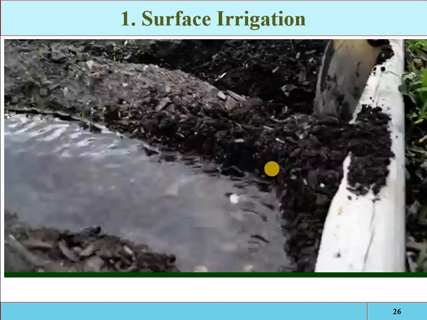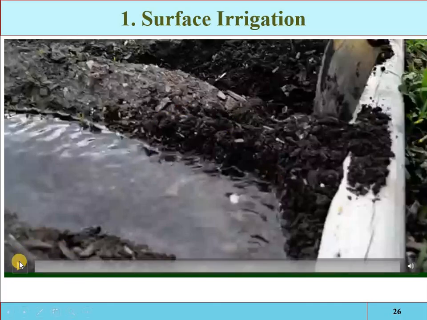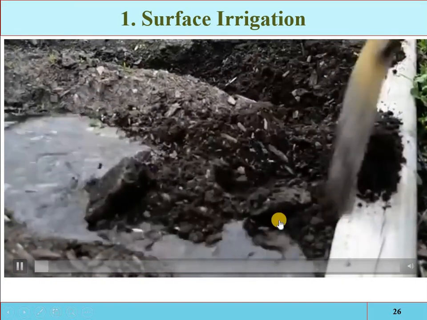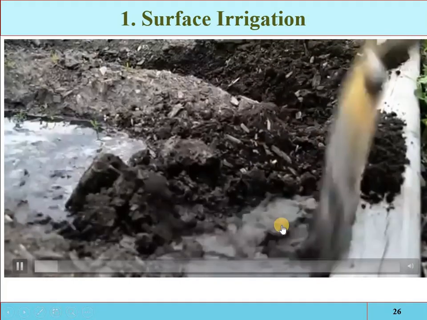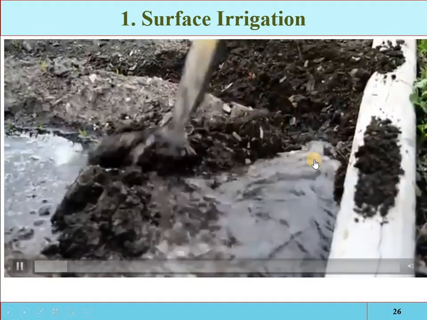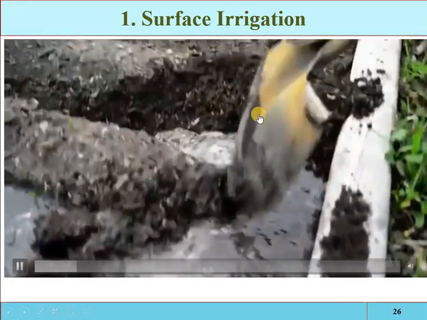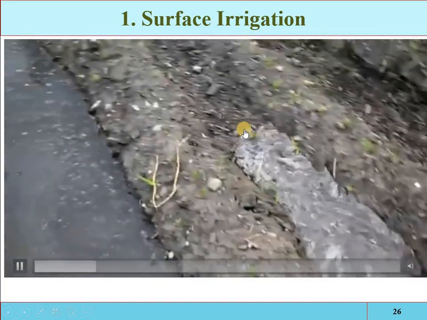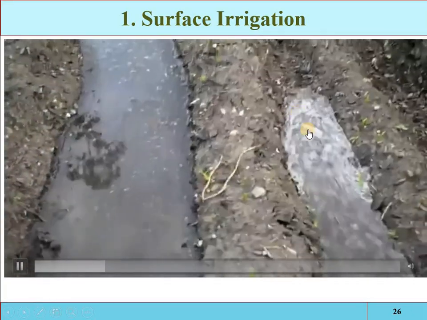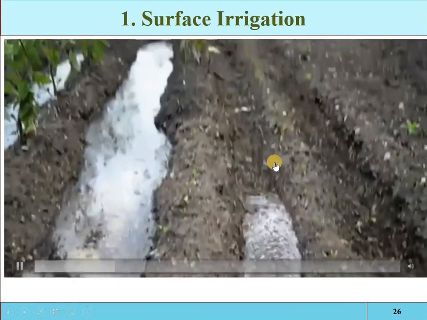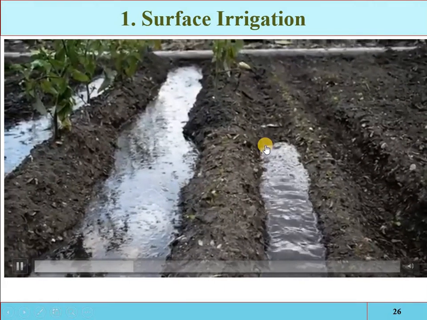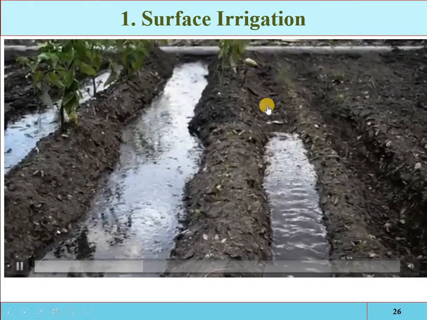Here you can see that the water is introduced into this furrow. Now the flow of this water will be guided by these ridges, these levees. The water front is moving, advancing in the forward direction to the downstream of the area.